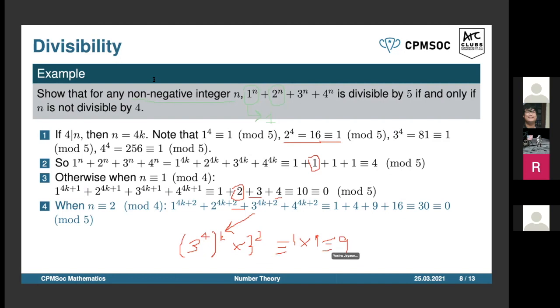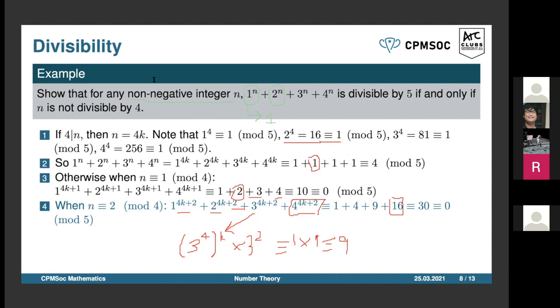We can do a similar process with the other numbers. 4 to the 4k plus 2 will just give you 4 squared, which is 16, and so on for these other numbers. In the end, we'll get 1 plus 4 plus 9 plus 16, which equals 30, which is 0 modulo 5. So in this case, where n is 2 mod 4, the expression will again be divisible by 5.